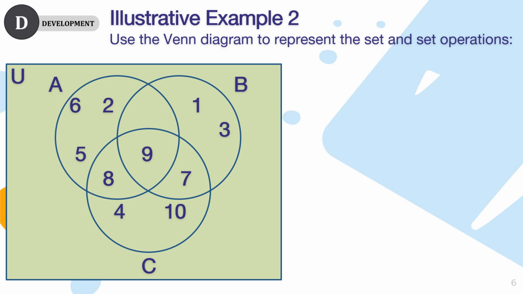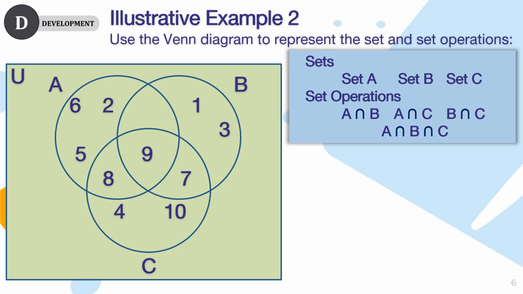Another example. This time, given the Venn diagram, we are to identify the following: sets A, B, and C, set operations A intersection B, A intersection C, B intersection C, and A intersection B intersection C. Let us first have set A. If this is the area for set A, therefore we can say that set A has the elements 2, 5, 6, 8, and 9.